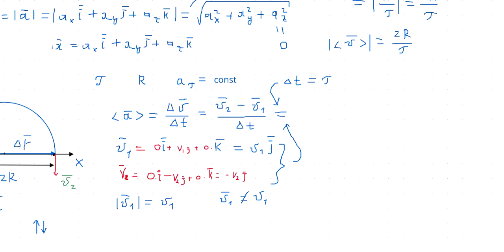So minus v2 yacht minus v1 yacht, divided by tau. And this will be minus v2 plus v1, divided by tau.